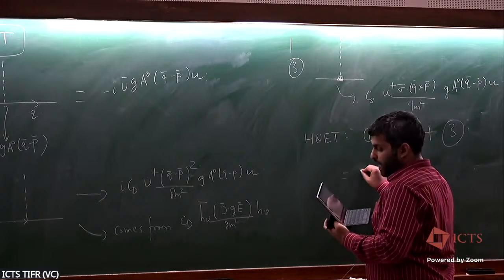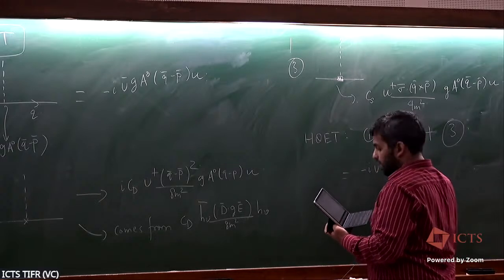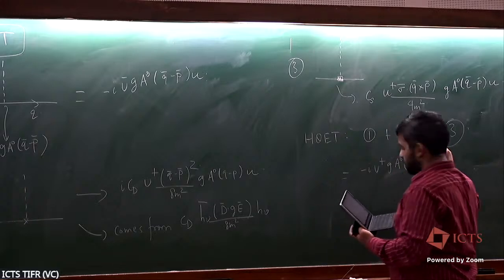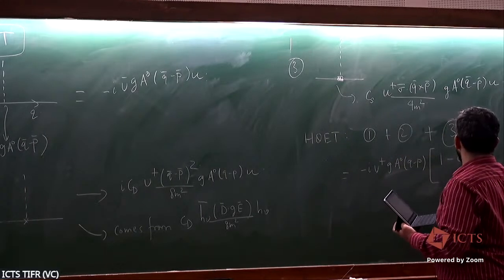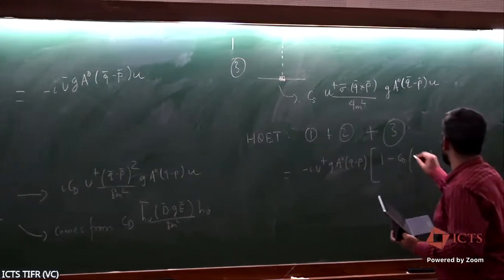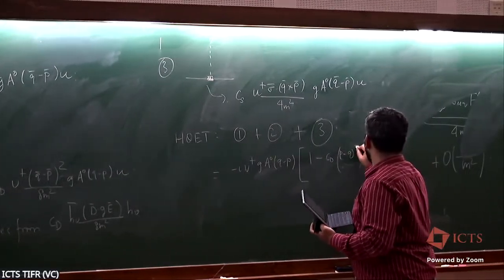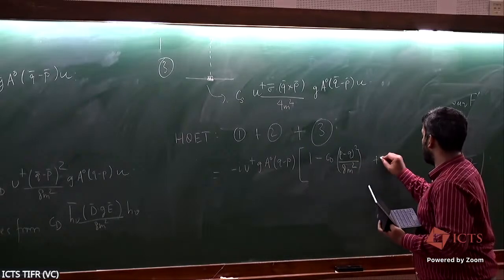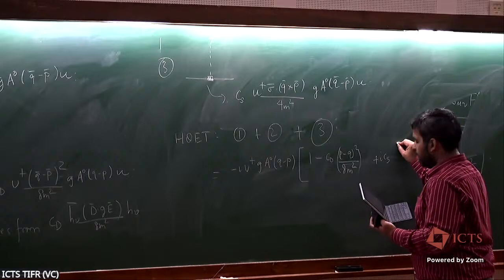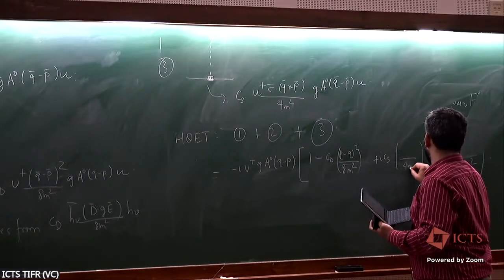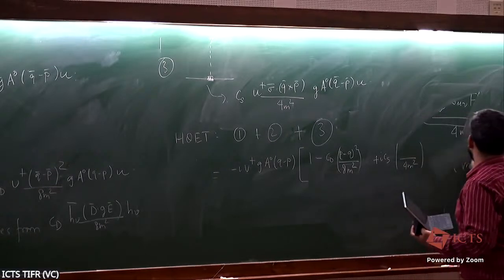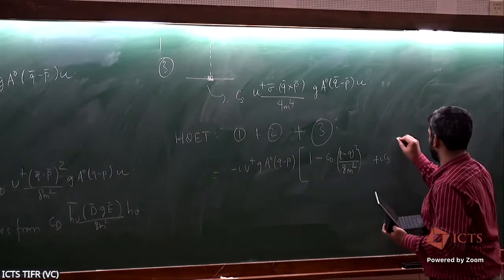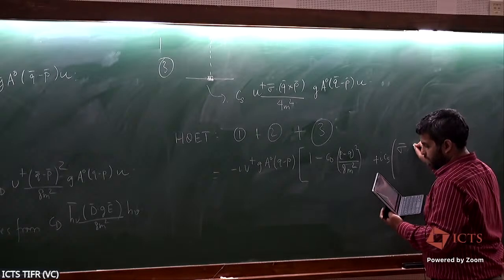And what you get is minus I U dagger G A0 Q minus P, 1 minus CD with some coefficients, P minus Q square over 8M square, plus I CS something with a 4M square piece. Or maybe let me just write it down then. Sigma dot Q cross P.